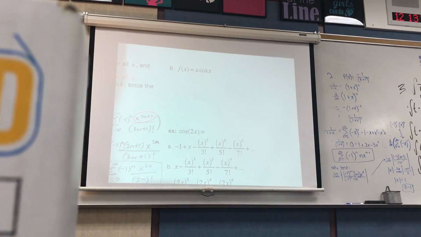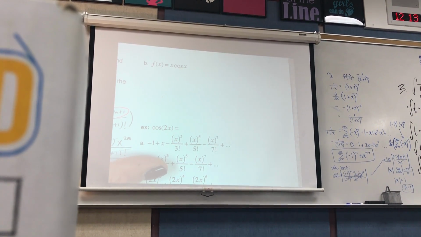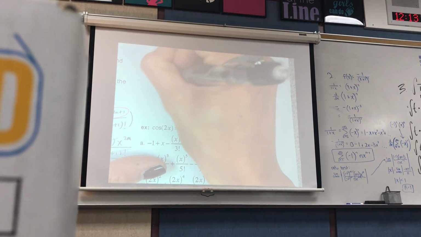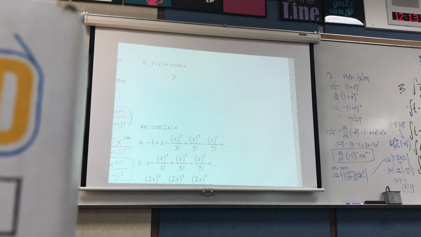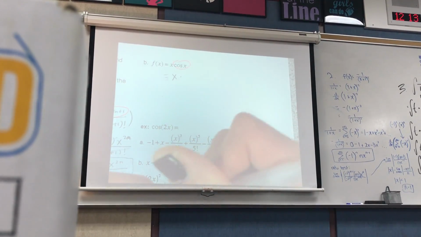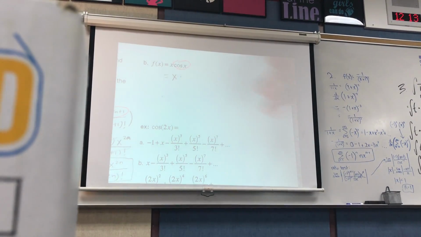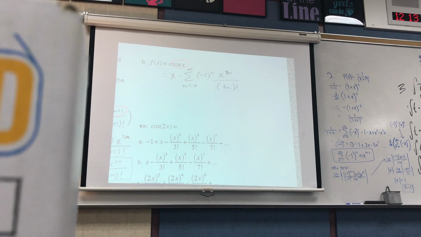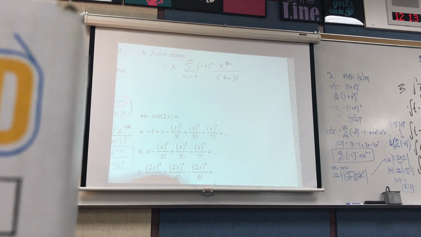Okay, so this is x cosine x. Circle cosine. What is cosine, even or odd? Even. So you absolutely need to memorize sine of x, cosine x, and e to the x.